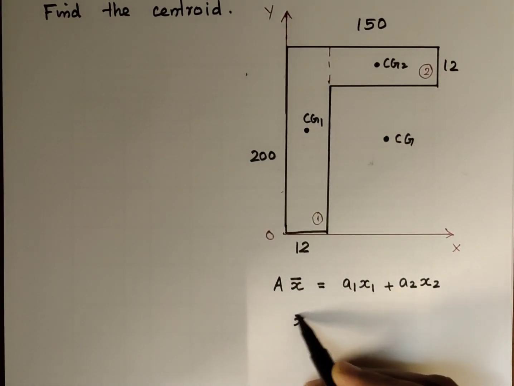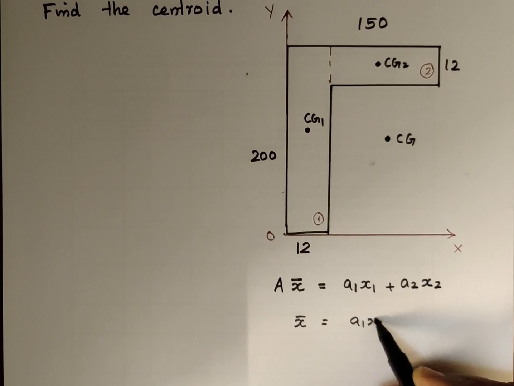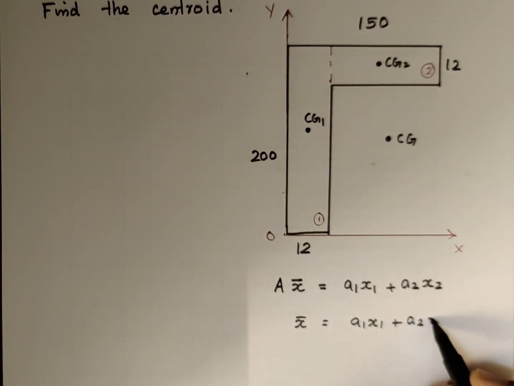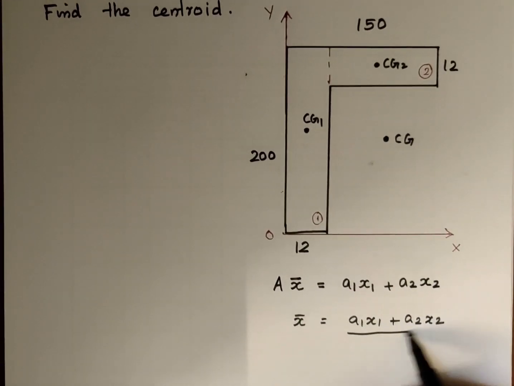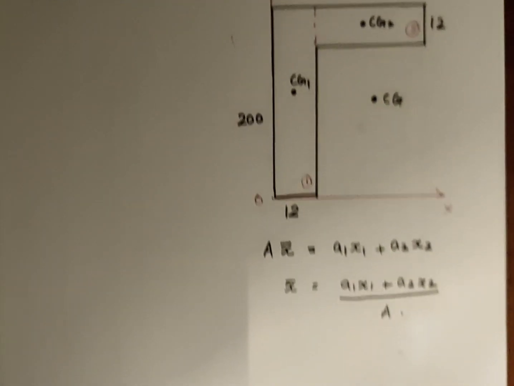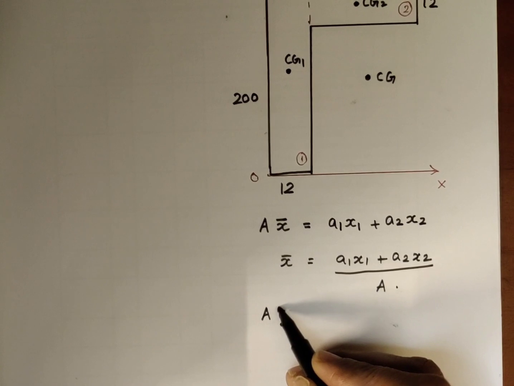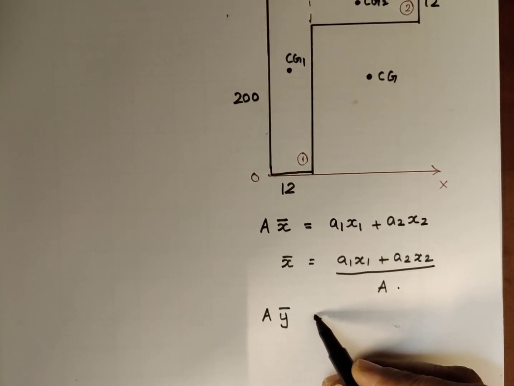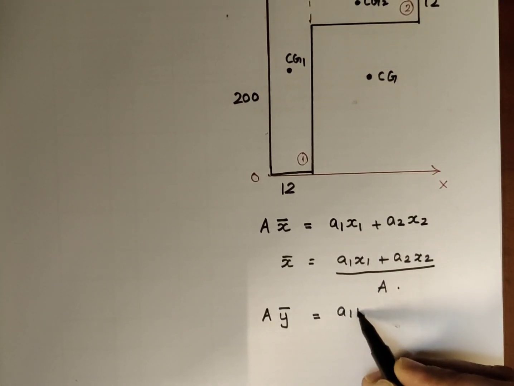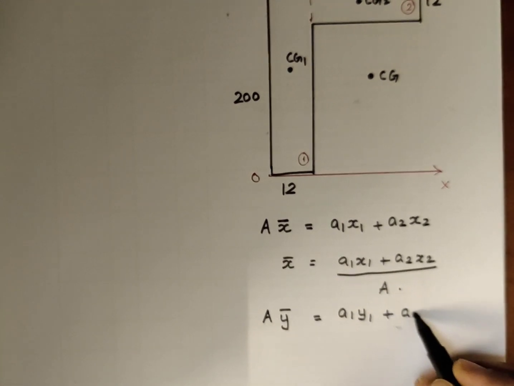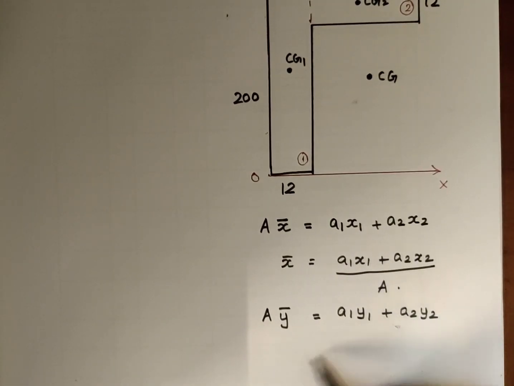So x bar is equal to A1 x1 plus A2 x2 divided by capital A. Similarly, the y coordinate is calculated using the equation capital A into y bar is equal to A1 y1 plus A2 y2. So y bar is equal to A1 y1 plus A2 y2 divided by capital A.